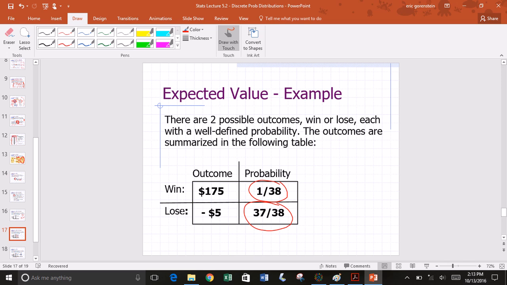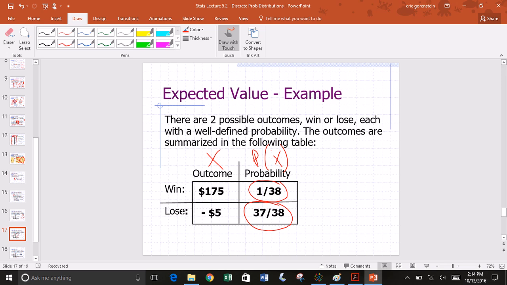And the outcome, if you lose, is you lose your $5. If you win, you get 35 times your original bet, or 35 to 1. So 35 times 5 is 175. So here's the probability distribution. We have our outcome, and we have the probability of that outcome.